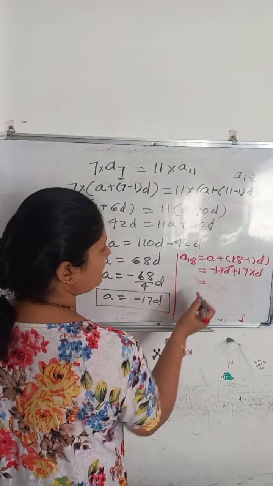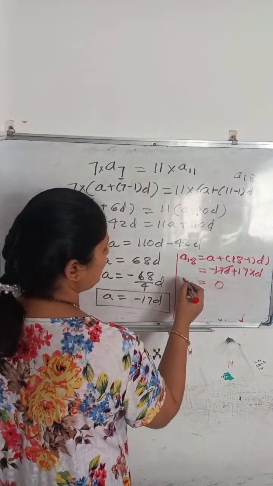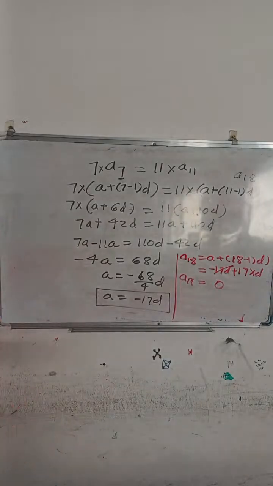So here plus 17D and minus 17D get cancelled, and the 18th term is equal to 0. Are you getting this?